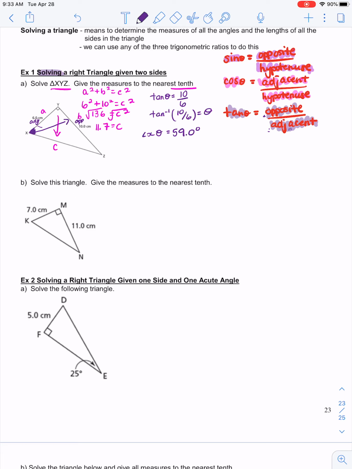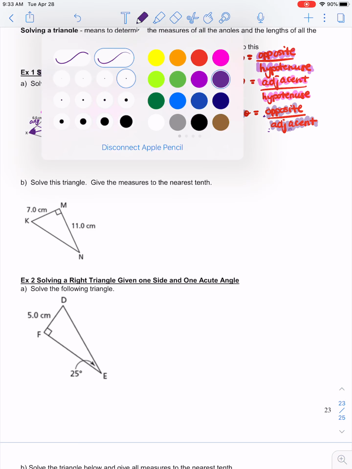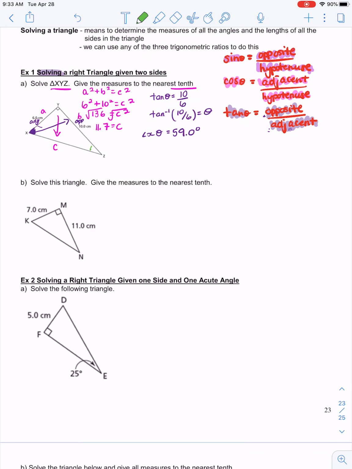Now I'm looking for angle Z. Again, I'll use a different color here. I know that the angles of a triangle have to add to 180, and I know this is 90, this is 59, so I can just subtract them from 180 degrees. So 180 minus 90 minus 59 gives me 31 degrees.